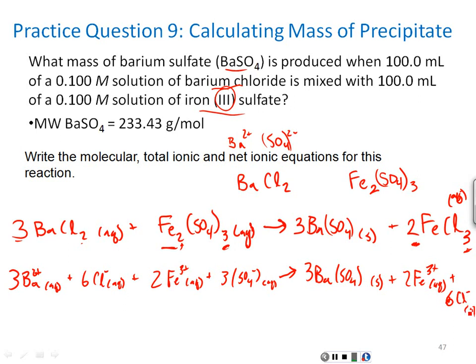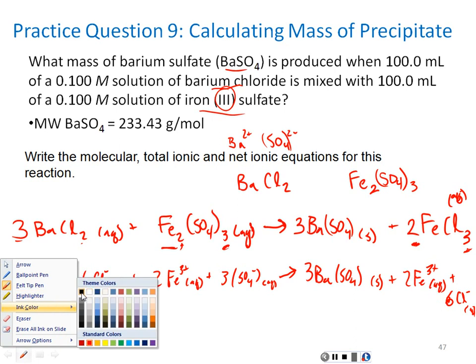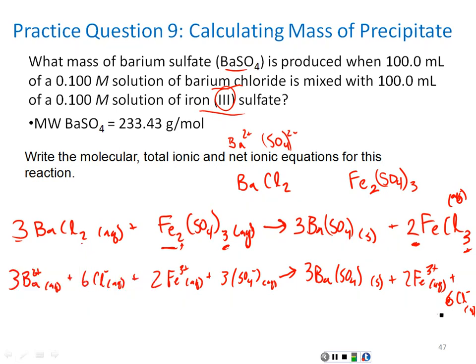Now, which are spectator ions? The spectator ions would be the 6 Cl-, the chlorine, and the 2 iron 3+.